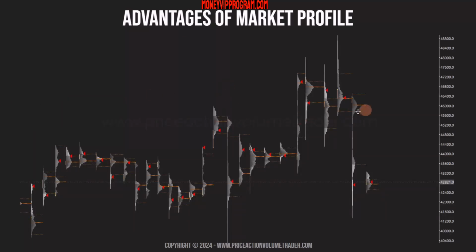Next, the advantages where we're looking at value migration. If you zoom out, you can see how we build value, and then we have impulsive moves, and then the market usually will come back seeking these areas of value.